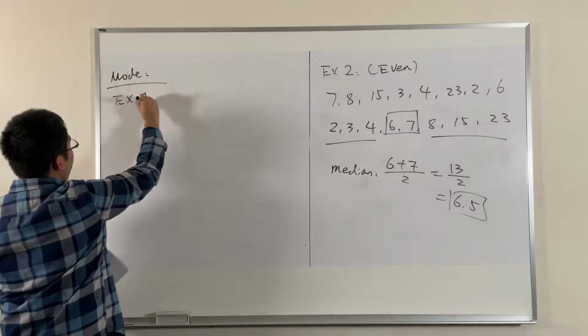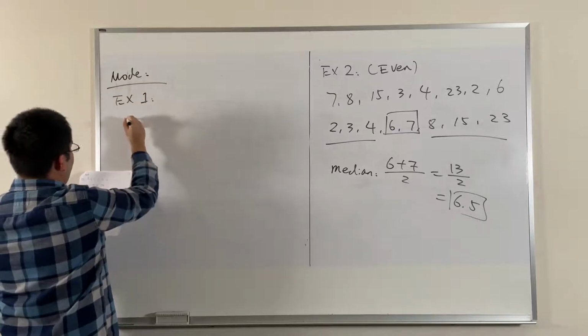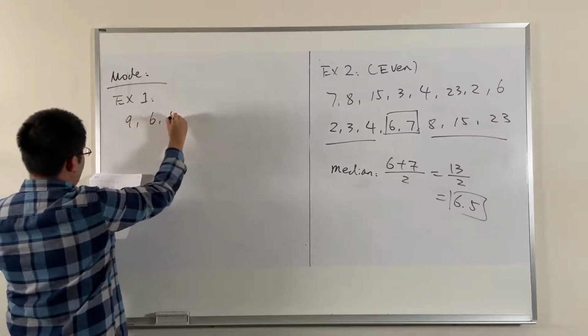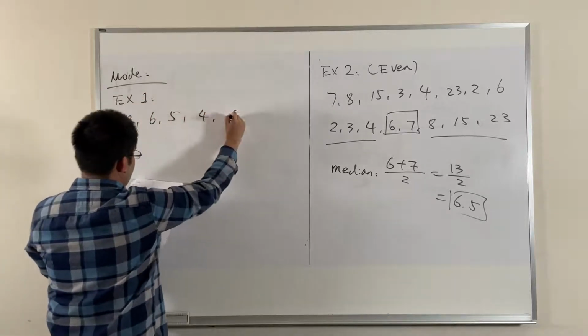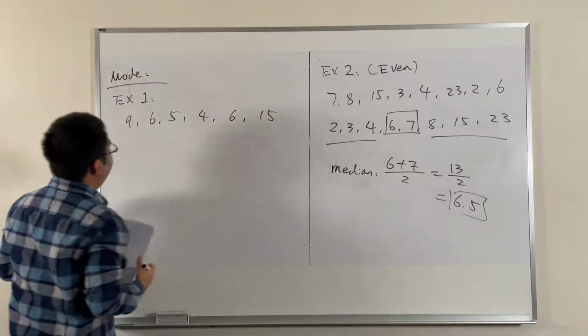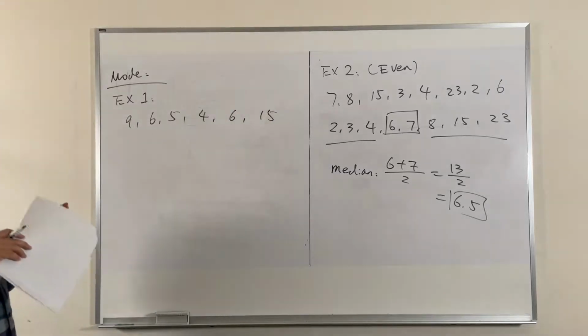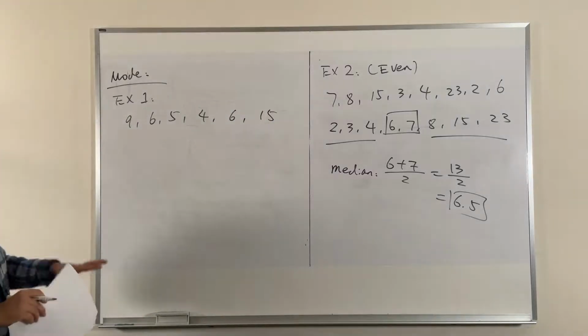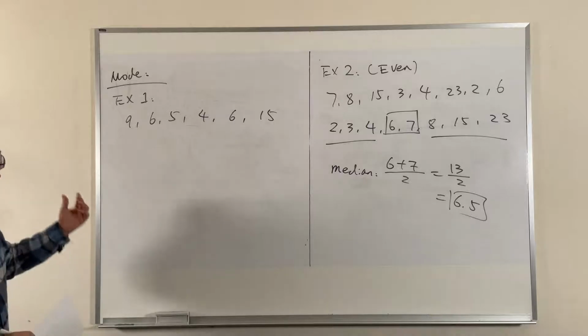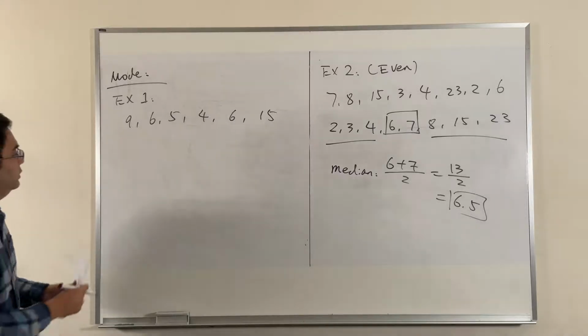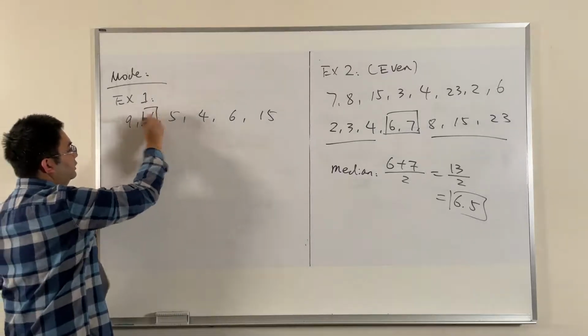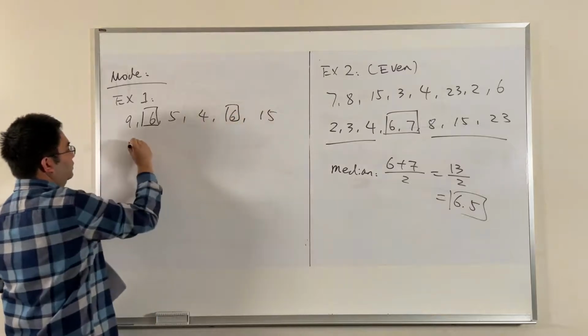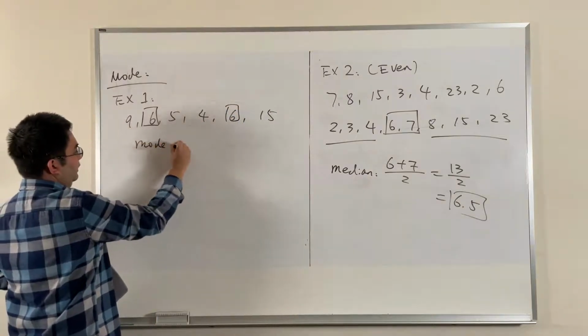Example 1: 9, 6, 5, 4, 6, 15. Again, the mode is the value that appears the most. In this case, which one appears the most? 6 and 6. So the mode is 6.